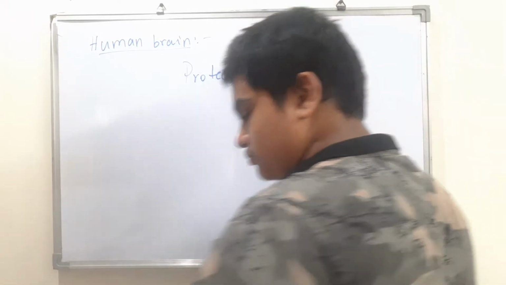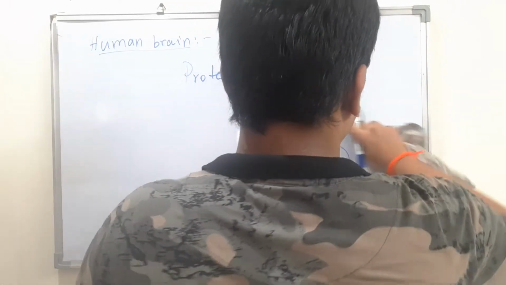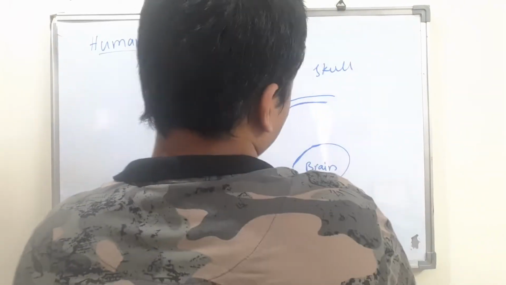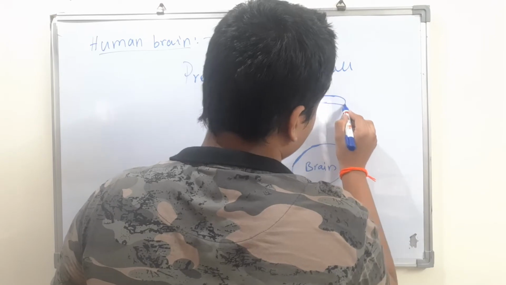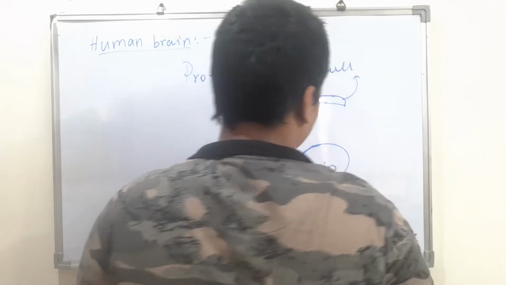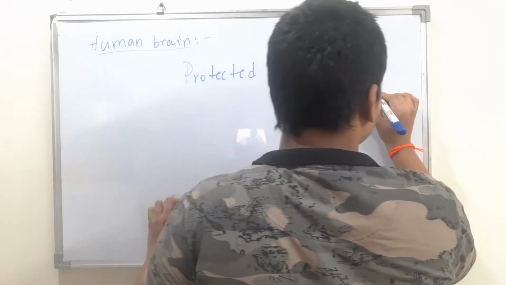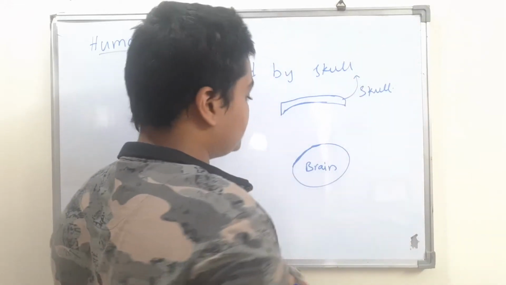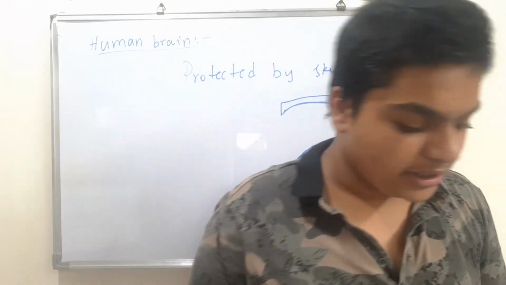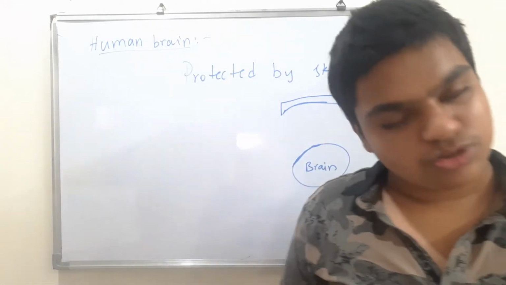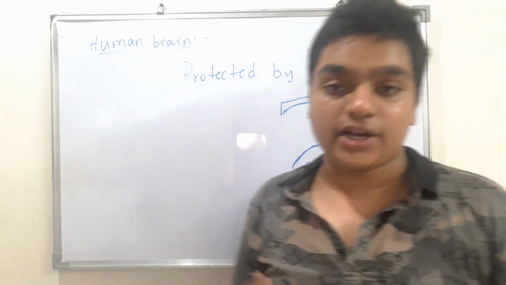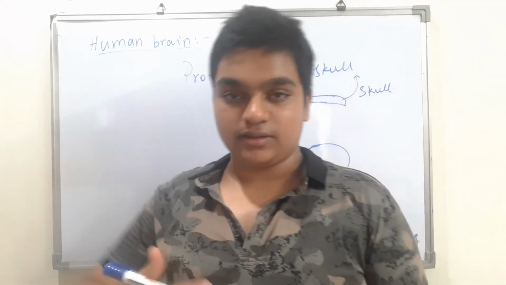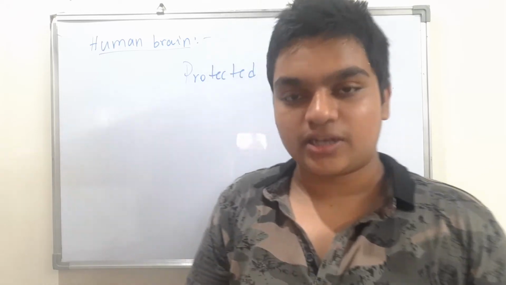Now there are meninges, or you can call them layers, present below the skull, which protect the brain.